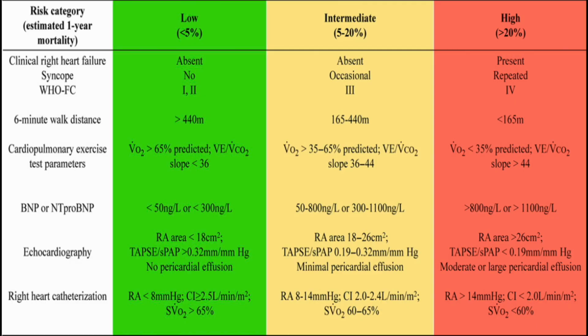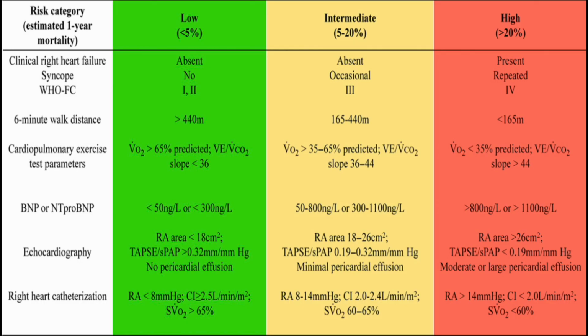So there is a three-stratum risk stratification of pulmonary arterial hypertension: low, intermediate and high. In low risk, there is less than 5% risk of 1-year mortality. Here you see no clinical right heart failure, WHO functional class 1 and 2, and 6-minute walk distance of more than 440 meters.